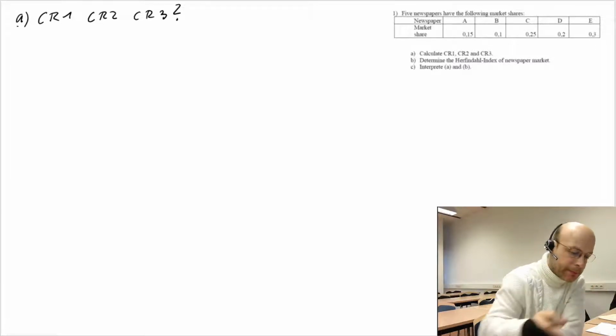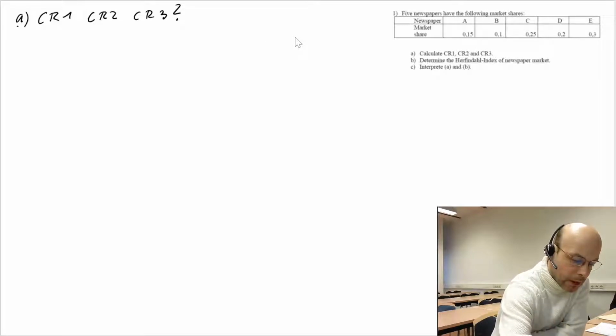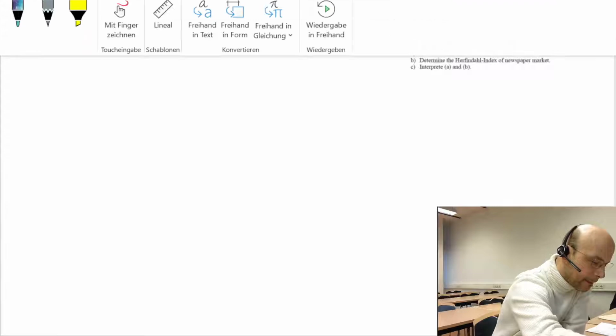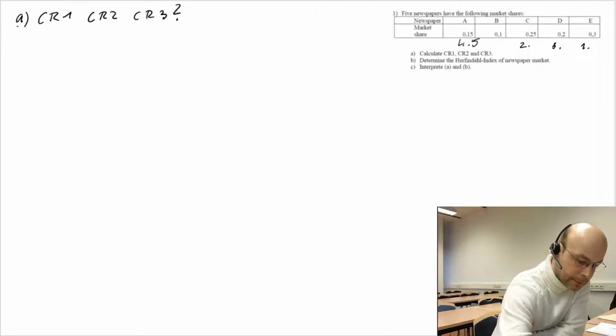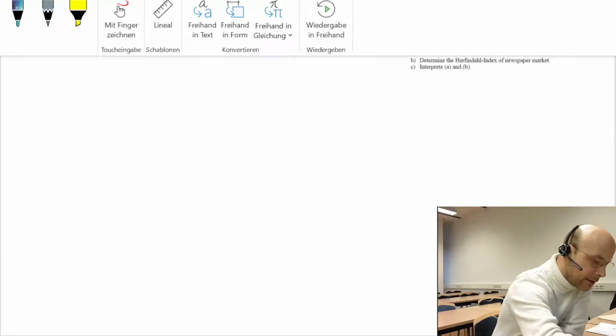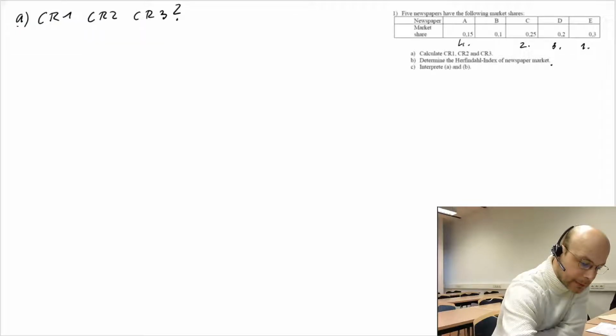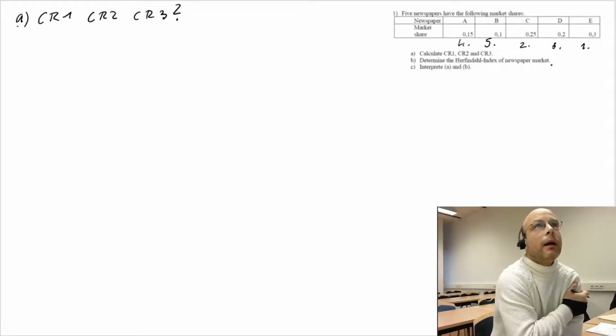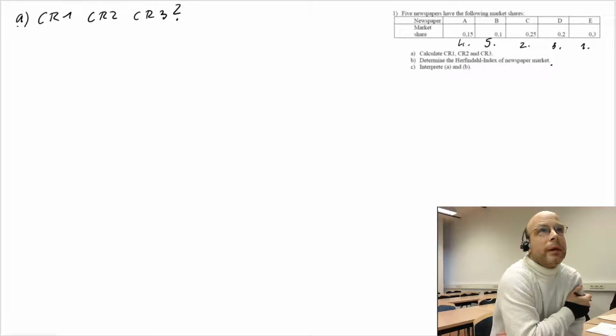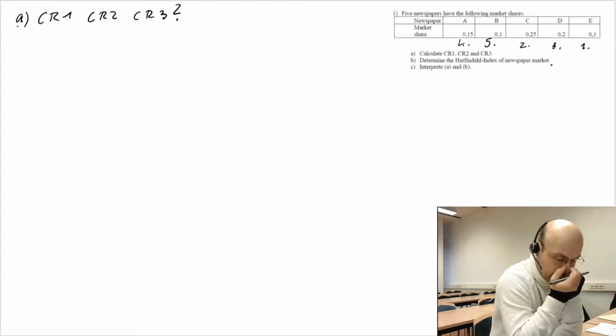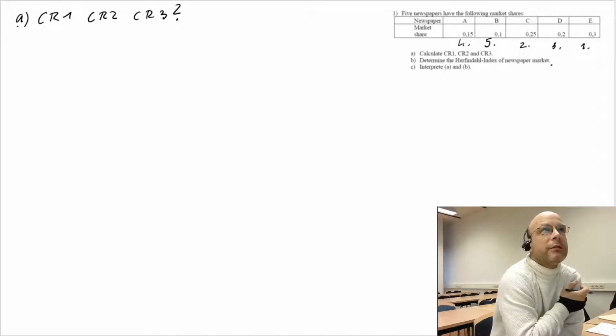So what we then see is we have this one is the largest, second largest, third largest, fourth largest, and fifth largest. And CR1 is then just the market share of the largest firm.